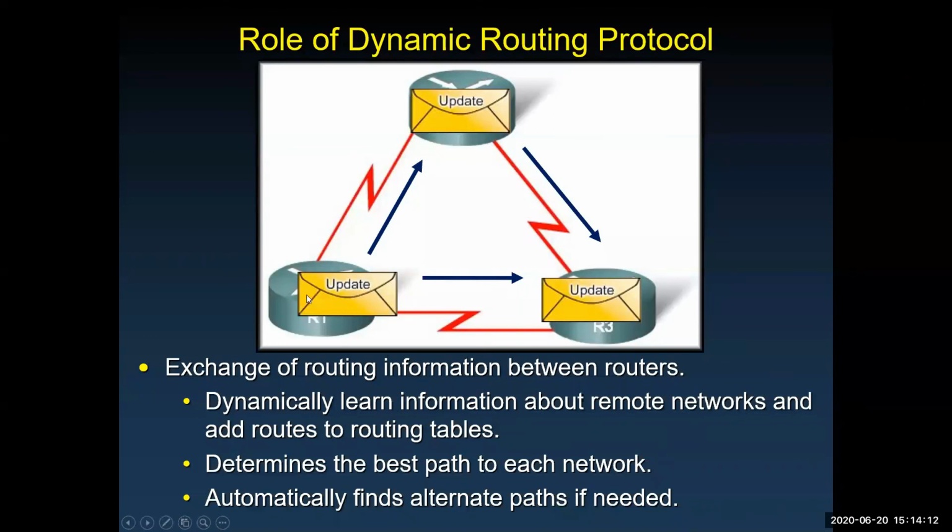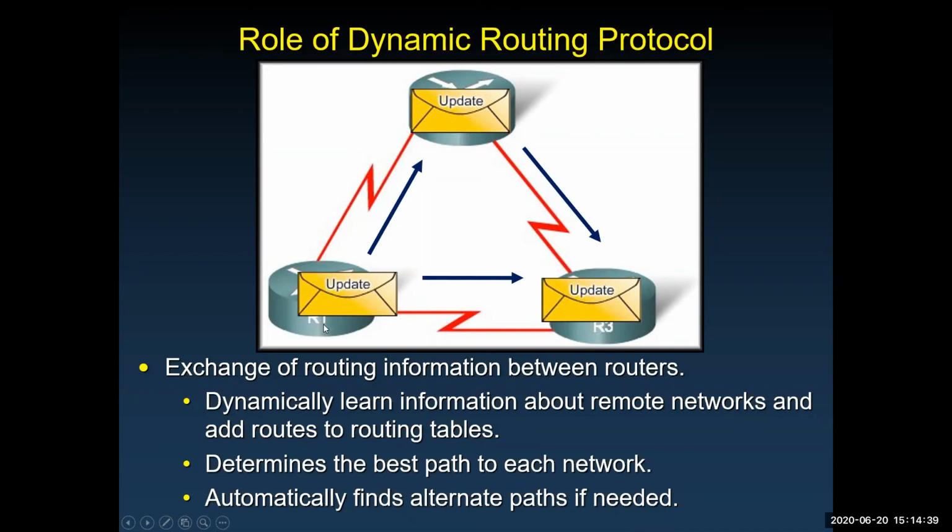Let's say, for example, the router said hello to the neighboring router. It will pull up information from the neighbor router. It also determines the best path to each network. Let's say, for example, you have router 1, 2, and 3. What is the nearest path? Of course, the direct point-to-point from R1 to R2. What will be the longest path?